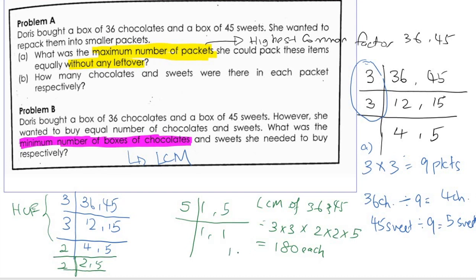Once I know that, 180 divided by 36 chocolates, because one box has 36 chocolates, I will have 5 boxes of chocolates. Then 180 divided by 45, I will have 4 boxes of sweets.